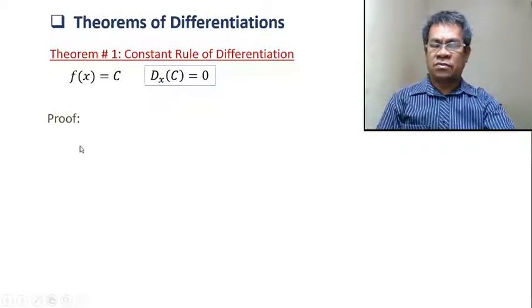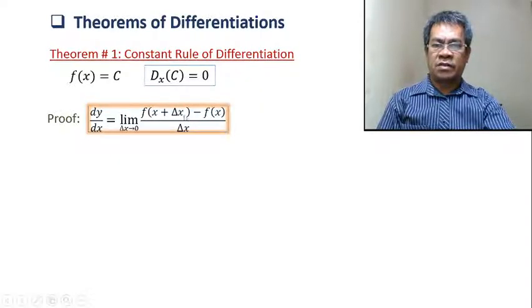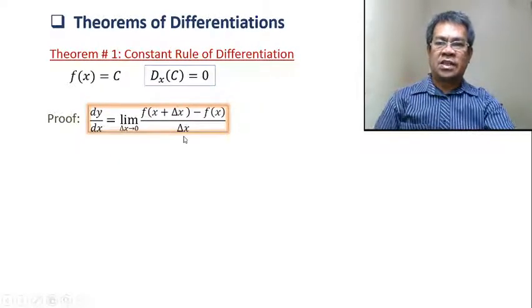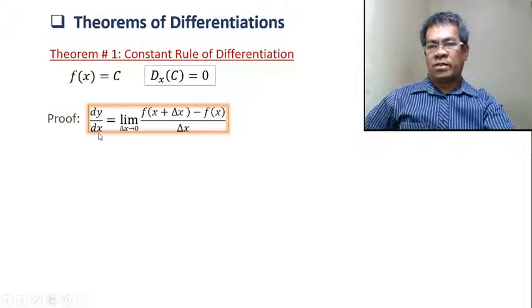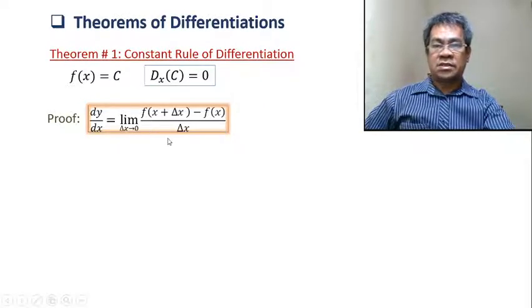To provide a proof, we have to recall the slope of the tangent line formula, or the derivative of y with respect to x in terms of limits: the limit of the function of x plus delta x minus the function of x all over delta x, as delta x approaches 0.